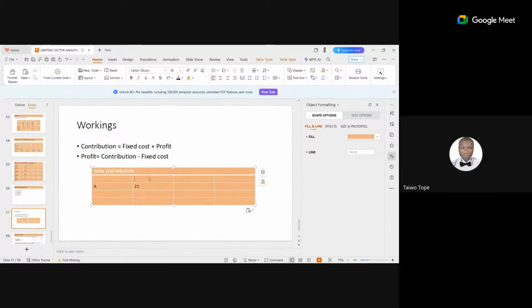Unit contribution is this. Now, units produced or units sold, because it's budgeted.